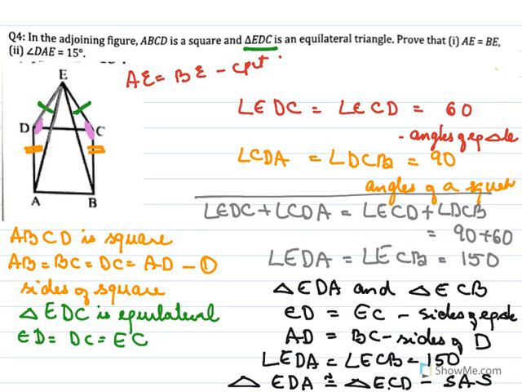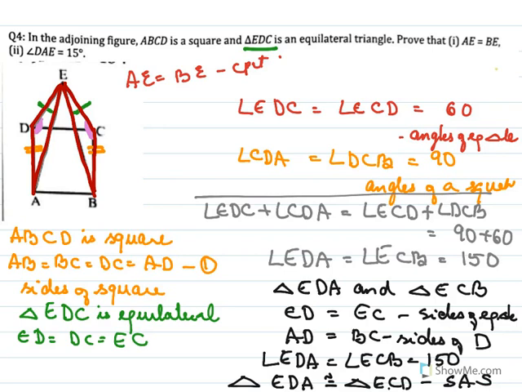Triangle DEA, this triangle here, congruent to ECB by SAS test. So AE equal to BE by CPCT.